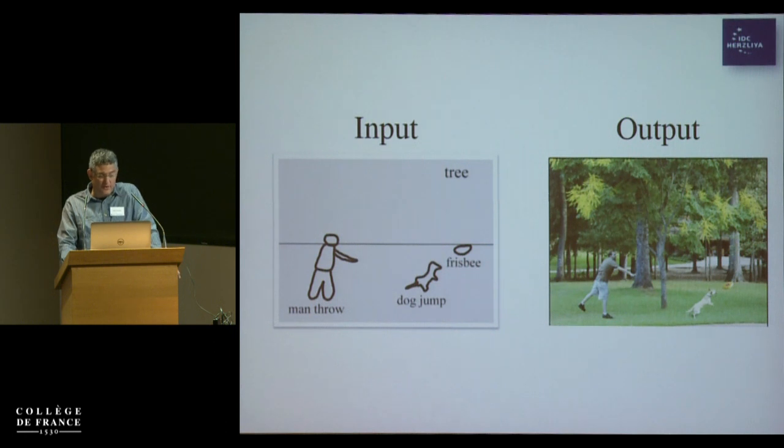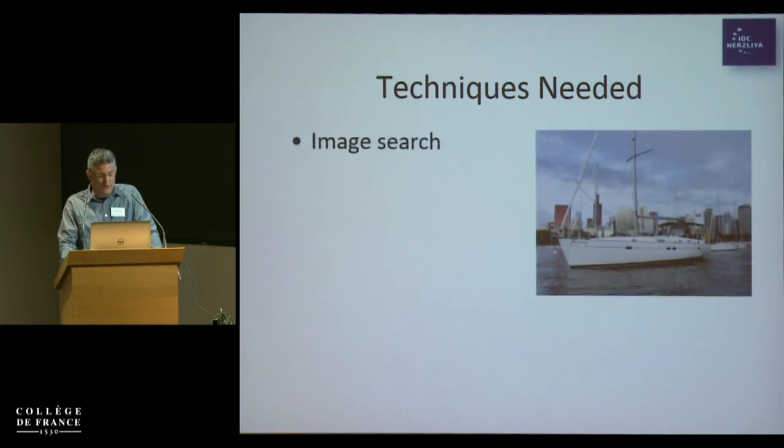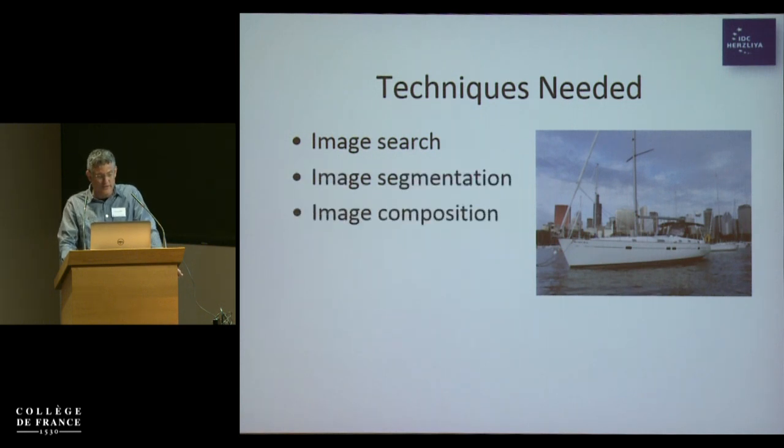So how do we actually accomplish this? There are various techniques needed when we talk about the algorithm or the computer. First of all, you have to have an image search, right? So we search for various elements that you incorporated in your sketch. You need to find them. Then you need to segment them out of those original images, and then you need to composite them back into a new image, right?